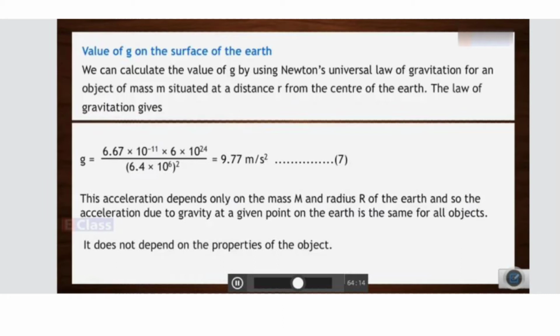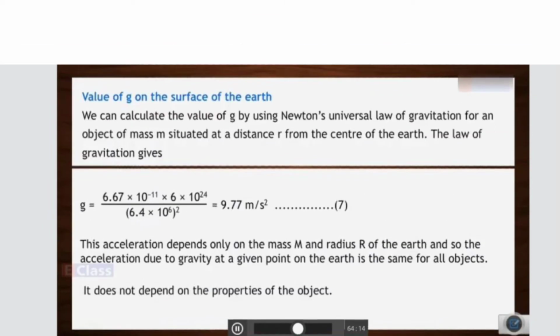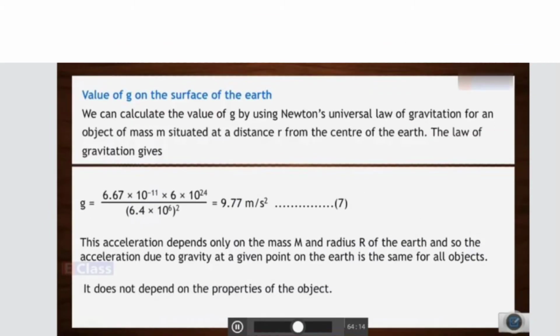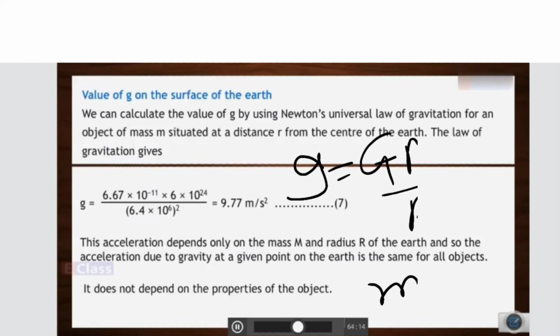Correct? What is the speciality, do you know? See, what we have taken for g is capital G capital M upon R square. So the mass of the object, which we denoted with small m, got cancelled. That means it doesn't depend upon the mass of the object. Correct?